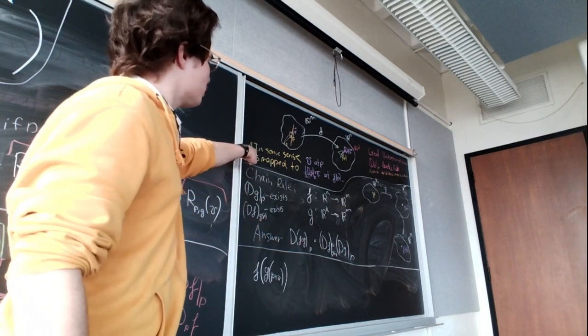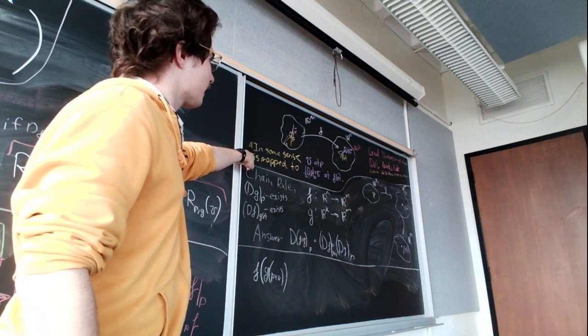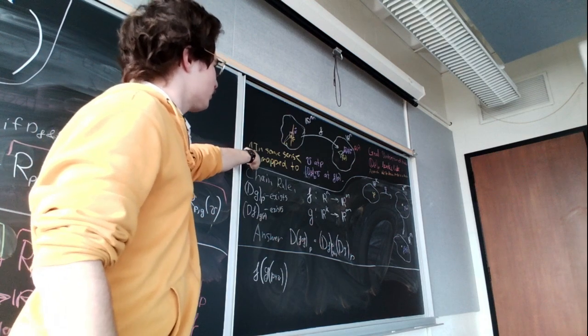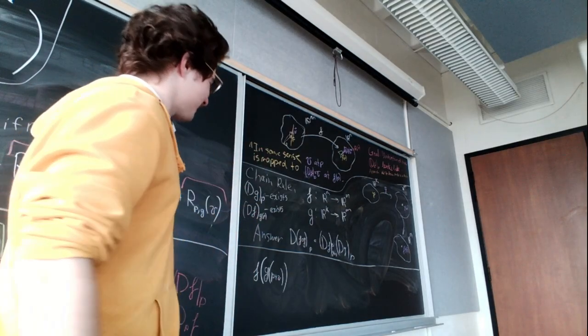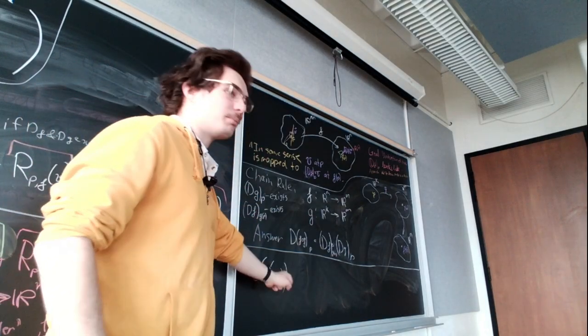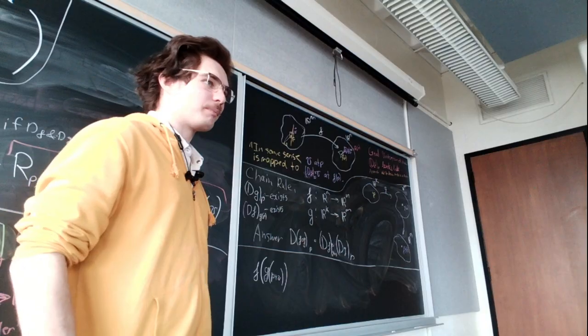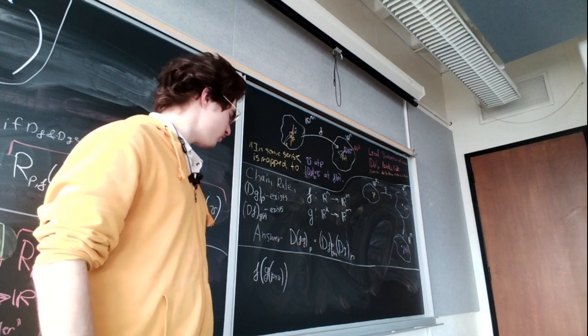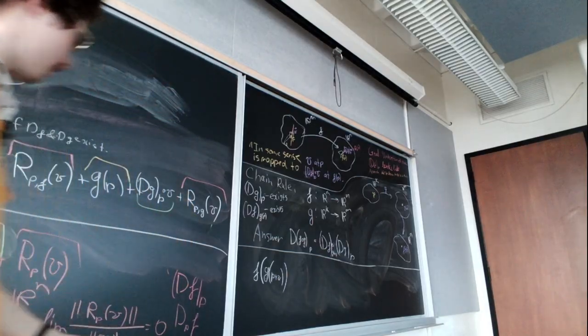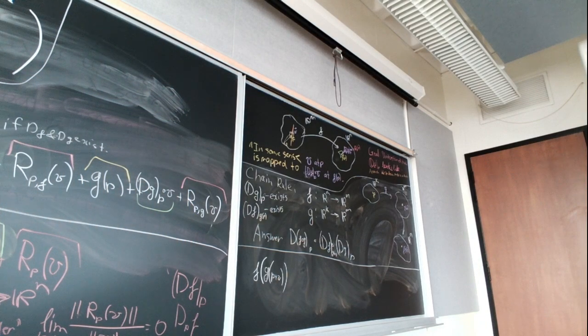I want this board to be visible, so you can't move away this board. So f of g of p plus v. What's the one thing I know about g? That at point p, it can be written like this.